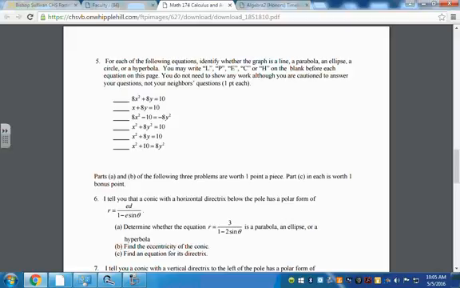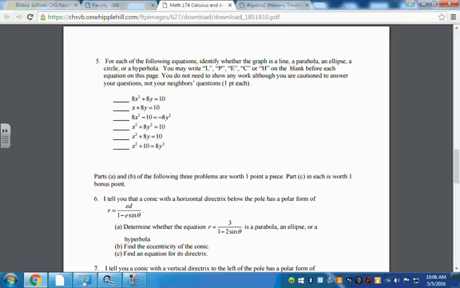Anybody want to take a shot? Does it open up, down, left, or right? Down. Y equals negative x squared. Obviously there's some sort of shift going on here. But yeah, this first equation, 8x squared plus 8y equals 10, is a parabola that opens down. And if you do a similar analysis on the second one, you would find it also opens down.